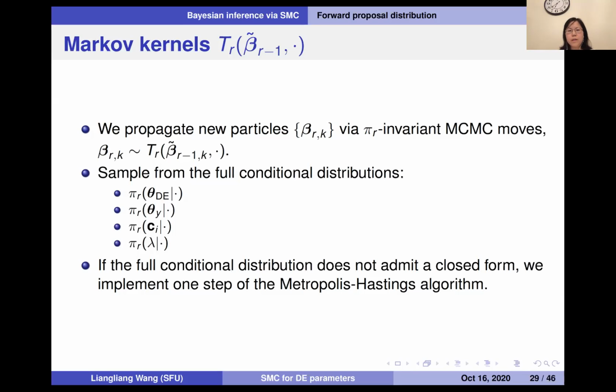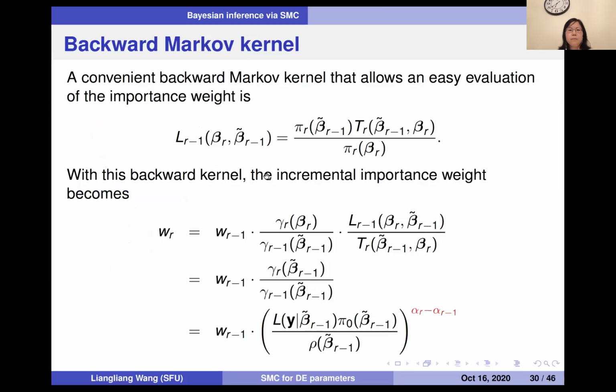And of course, we can use some more advanced MCMC moves. There's also a backward kernel in the algorithm, which is denoted by L sub r minus 1.